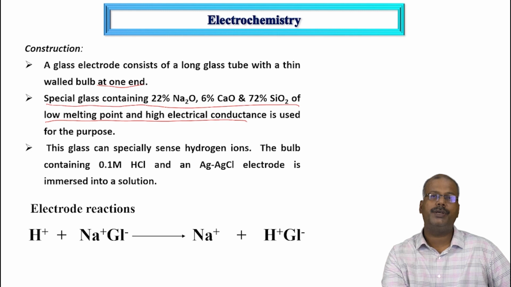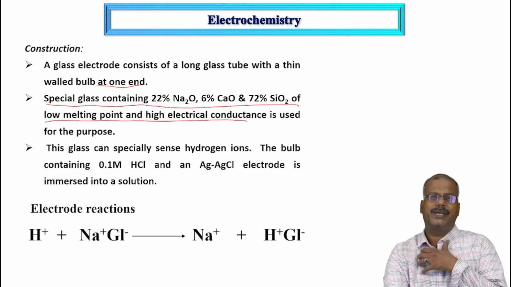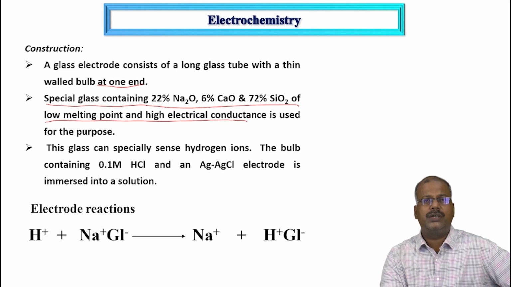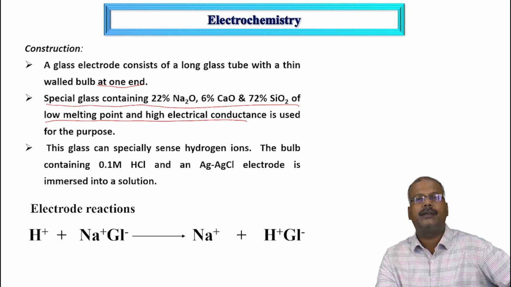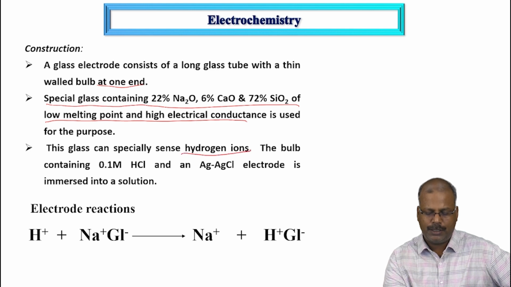Any glass cannot be used for making a glass electrode. You need such a special glass for proper sensing. So this glass electrode made of this specific membrane can be used to sense hydrogen ions.